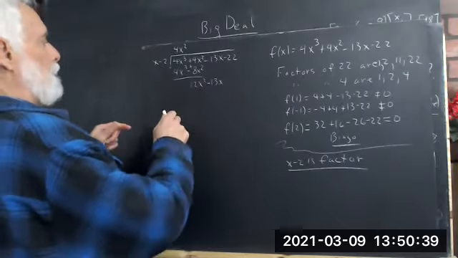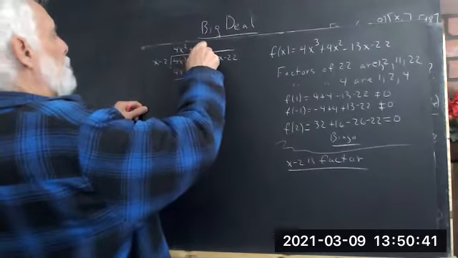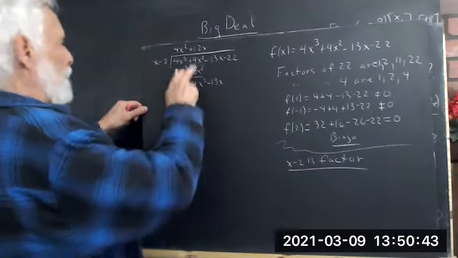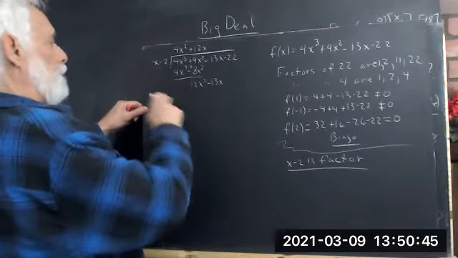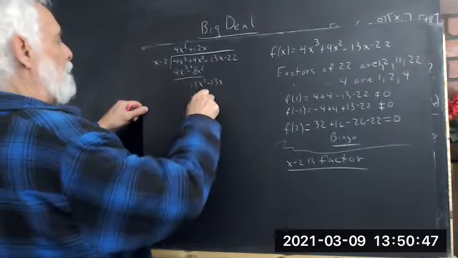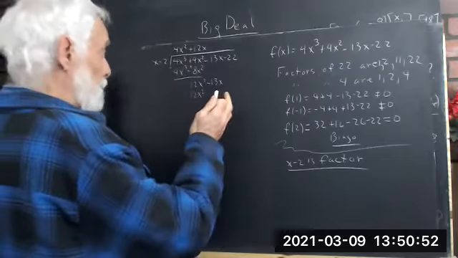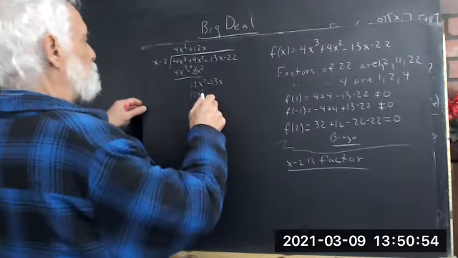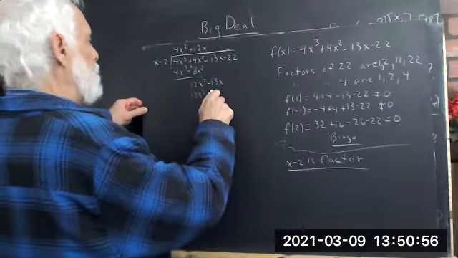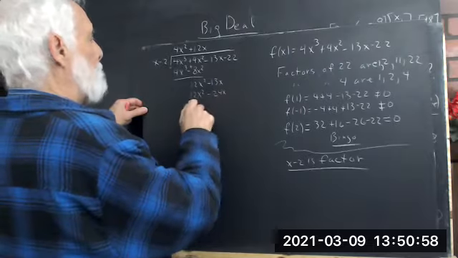And then you need a 12x here because you got to match your 12x squared when you multiply. x divided into 12x squared gives you 12x either way. And then that's going to be minus 24x.